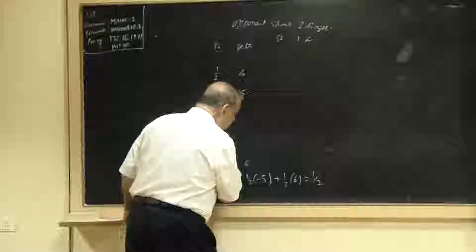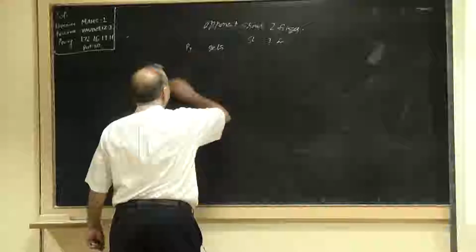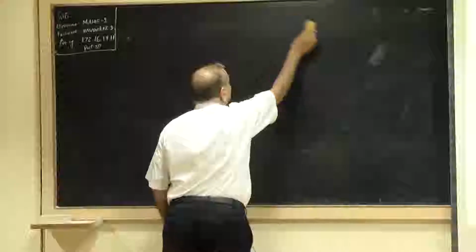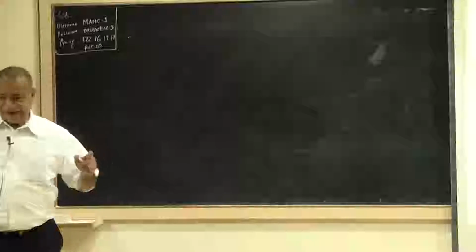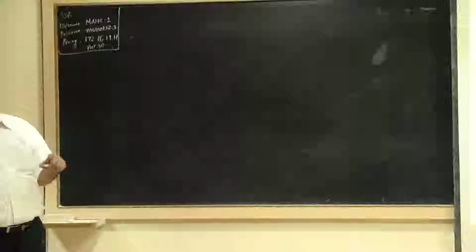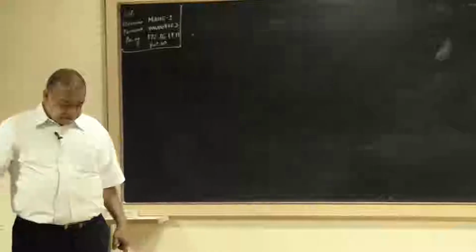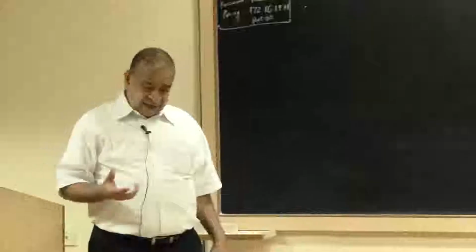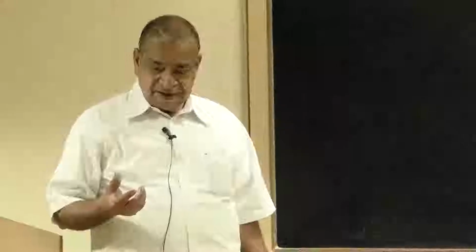Now, this simple problem, let's make it one more step. Player 1 has a coin which is not the unbiased coin, it's a biased coin.